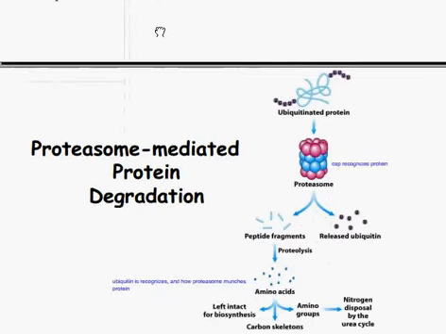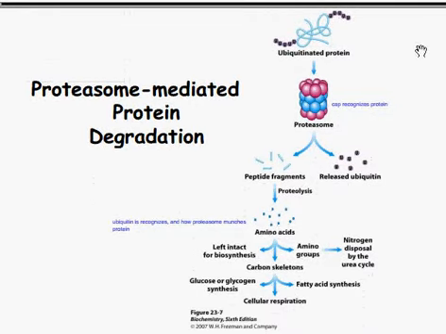Okay, so proteasome-mediated protein degradation. The ubiquitinated protein is found. The cap recognizes it, the protein goes in, and it releases the ubiquitin, producing peptide fragments, which go through proteolysis and fall down into their amino acids.